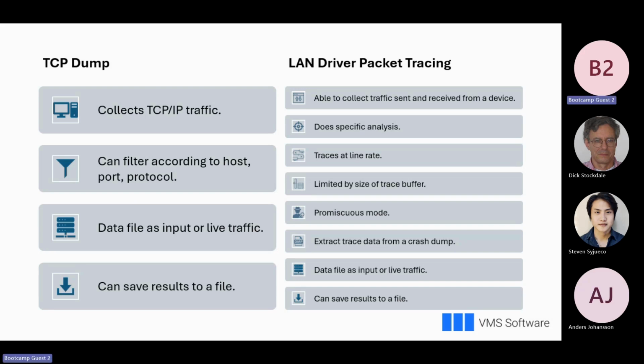You're also able to run the trace in promiscuous mode, which means that normally the network card processes only the traffic addressed to it, but with promiscuous mode, it can communicate with the network in general.